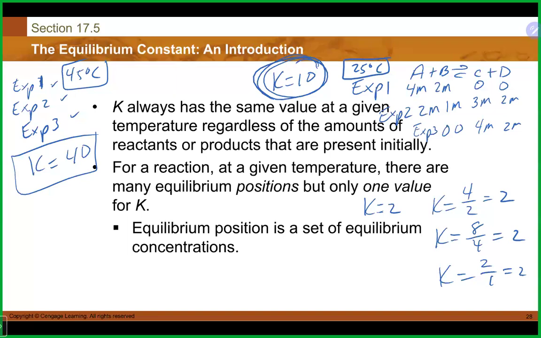And when you compare the K value at 25 degrees to the K value at 40 degrees for the exact same reaction, they will be different values.